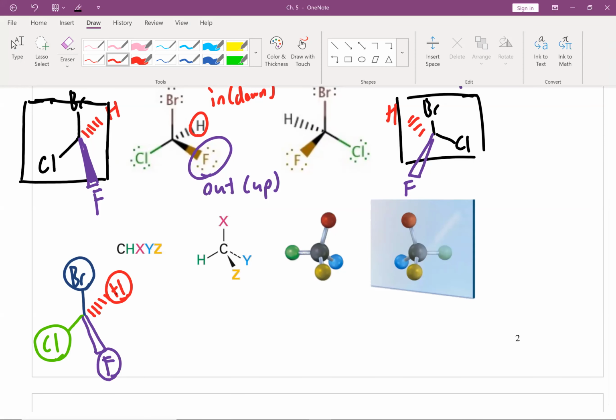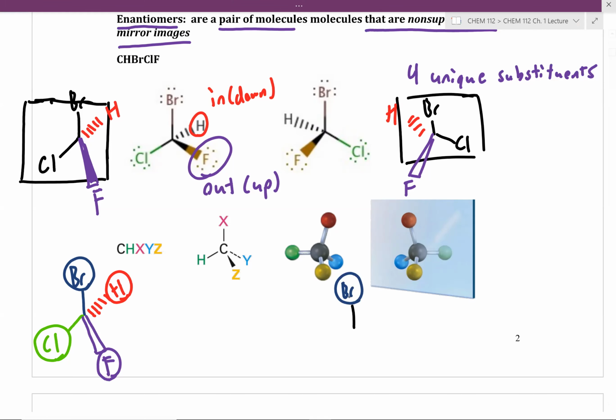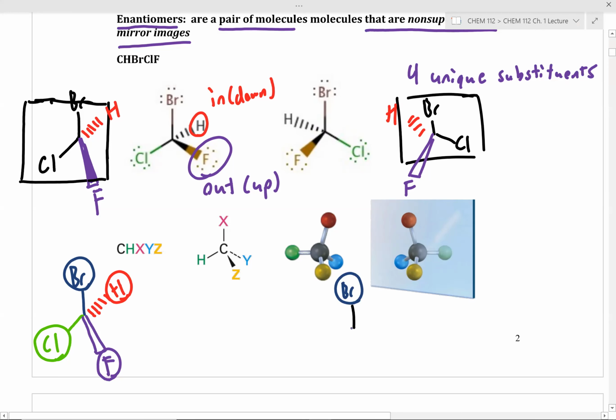Now let's draw out a picture for the enantiomer on the right. Okay, so for the enantiomer on the right, we have our bromine on top. Let's use the same color for bromine. We have the fluorine pointing out on the left-hand side.